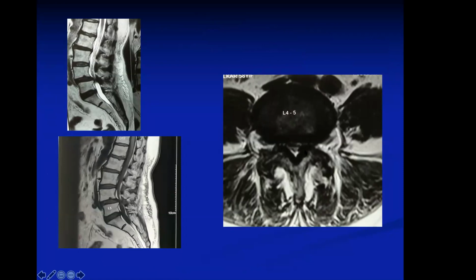As the term goes, degenerative spondylolisthesis is the most common variety of spondylolisthesis. So this is all because of degeneration. There is facet joint hypertrophy, there is ligamentum flavum hypertrophy, there is hypertrophy of the capsule, the disc has become hard. So you can see the canal has become small. Okay, so the compression here is inside the canal.